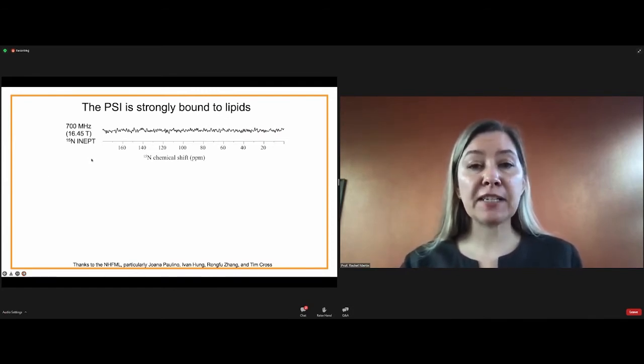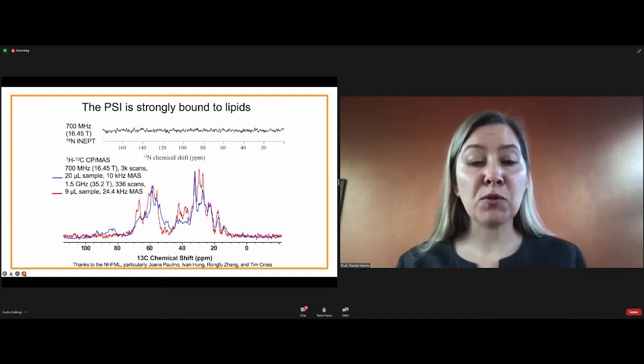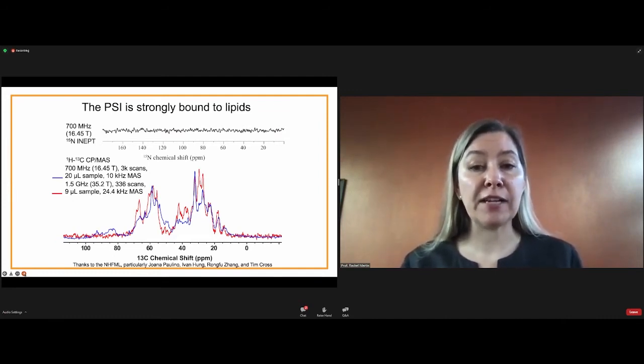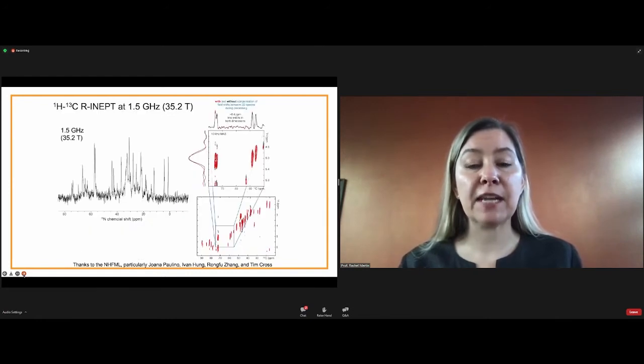So if we just take some 1Ds, we can see that an N15 INEPT gives us nothing, whereas if we do cross-polarization, then we see nice strong signal, both at 700 megahertz and at 1.5 gigahertz. Although at the higher field, we're getting more signal out of it for less sample.